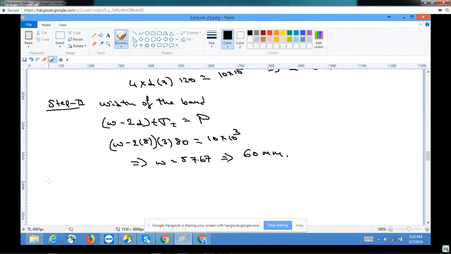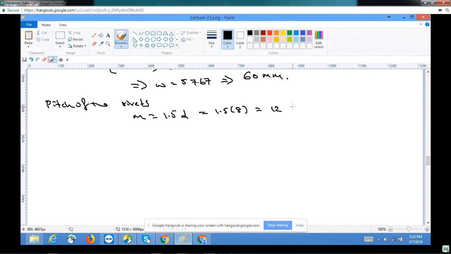So then we can decide our pitch of the rivets. Since we know M is equal to 1.5 times D, that is 1.5 times 8, that is 12 minimum. We can approximate it to 15 mm.